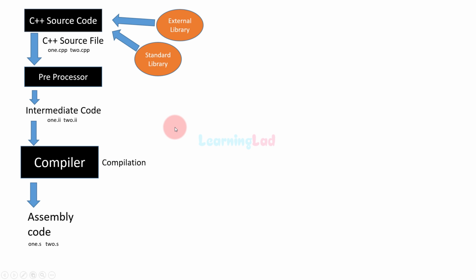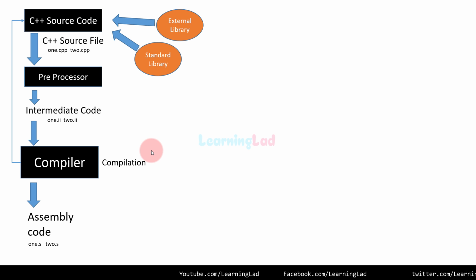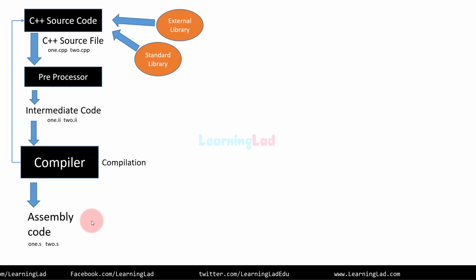If you have not followed those rules, then the compiler will generate an error and you have to go back to your source code and correct those errors, and then you have to do this process again. If you have followed all the rules of the C++ programming language, then you will get the assembly code, or the file containing the assembly code. Now here 1.s is the assembly file containing the assembly code for 1.cpp, and 2.s will contain the assembly code for 2.cpp.